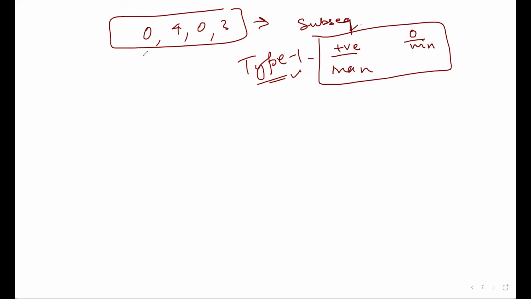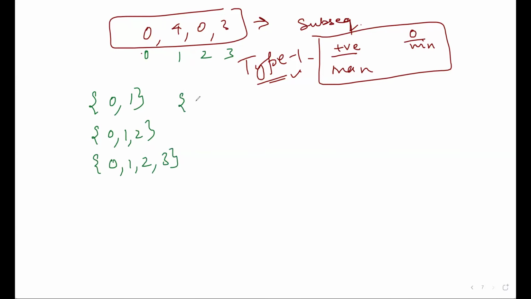Let me write them. I'm writing indexes in green color. 0, 1, 2, 3 is one subsequence that can be formed like this. Other subsequences can be formed like this.